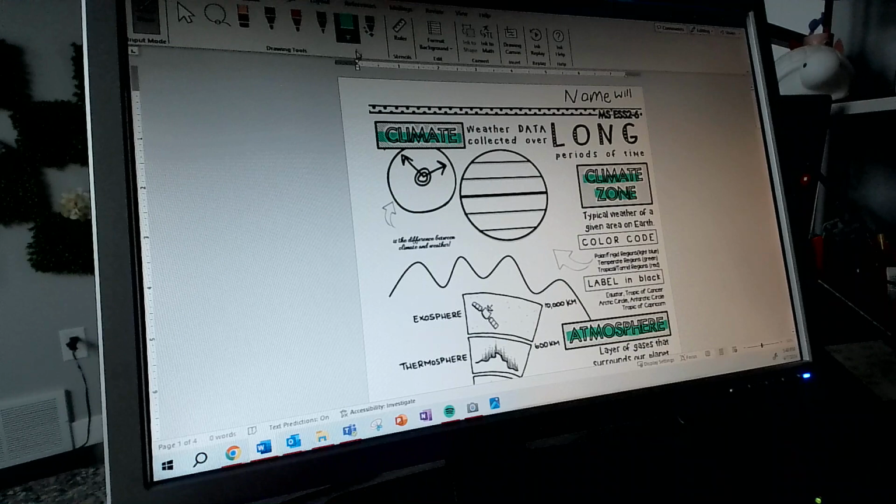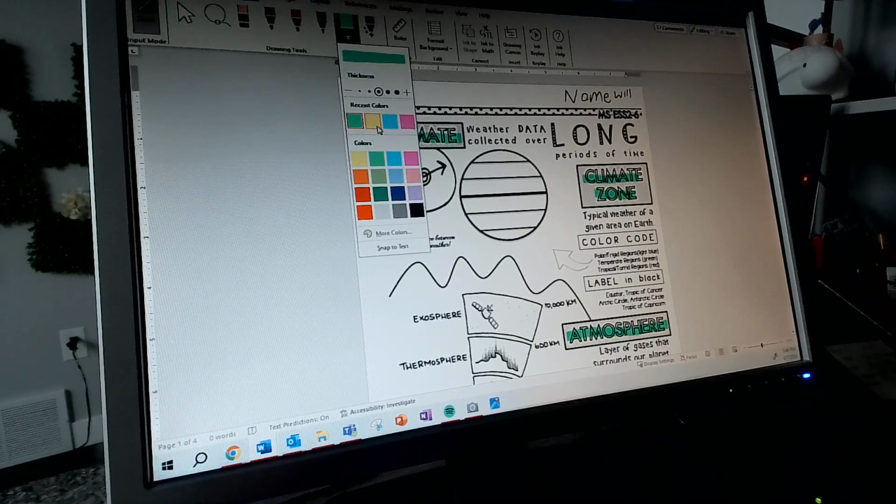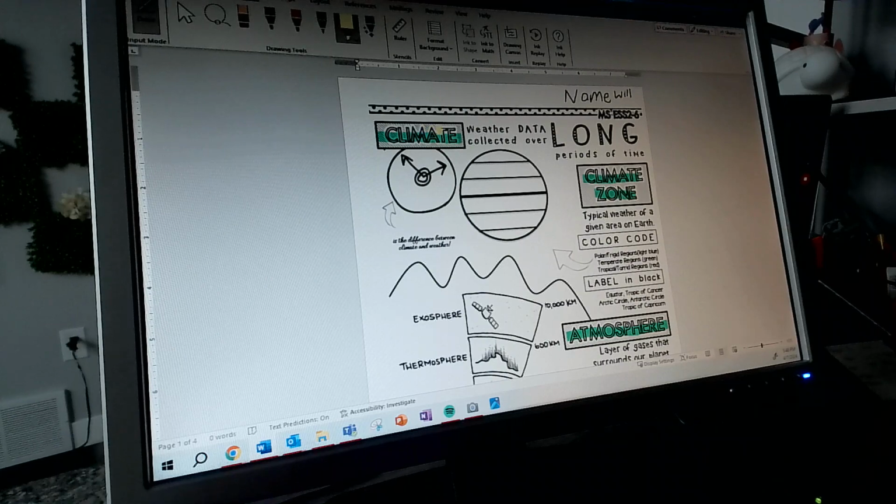This is the one thing that students sometimes forget to do: after they highlight their key terms, they also need to highlight part of the definition. I don't expect them to memorize the entire definition, but they need to know some of it so they know what the word means.